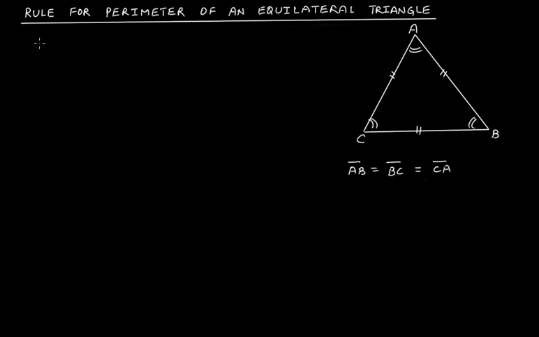Now, therefore, the perimeter of an equilateral triangle will be equal to what? Side AB plus side BC plus side CA. And this will be equal to what?